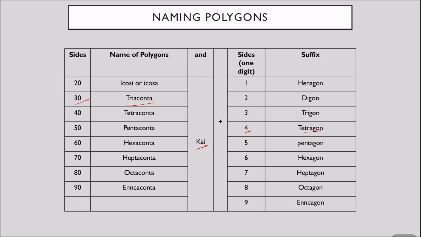Okay, another example, if it's 77, so 70 for the tens place, heptacontakaiheptagon. Then, let's say 91, enneacontakaihenagon. Okay? So, we go up until the higher number of sides.